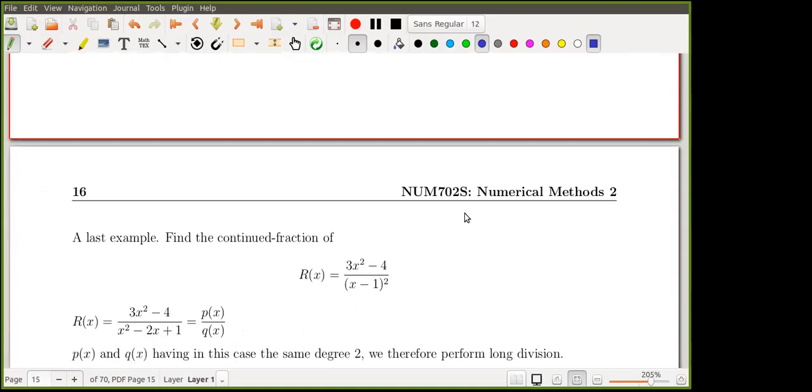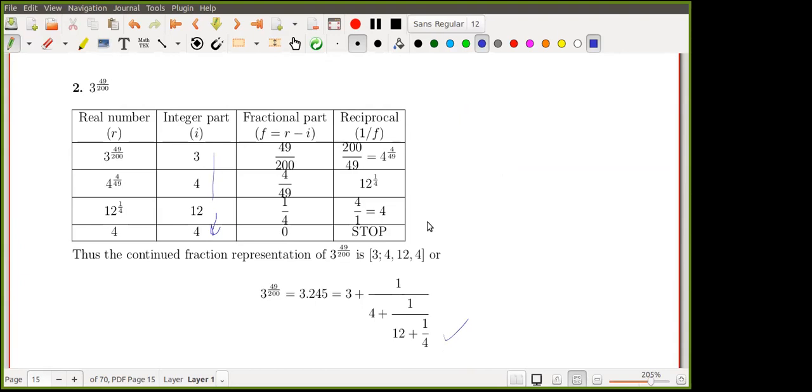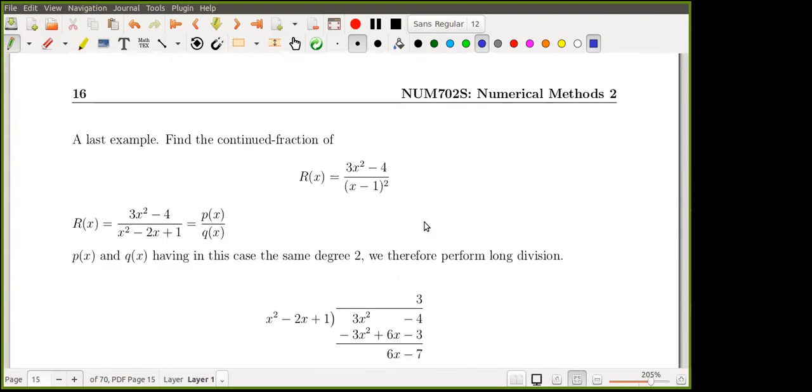So now that we are done, we understand the method, we can now apply it to a rational function, because this is a second degree polynomial. This also is a second degree polynomial. Because it's a second degree polynomial, the first thing that we'll do is perform a long division.